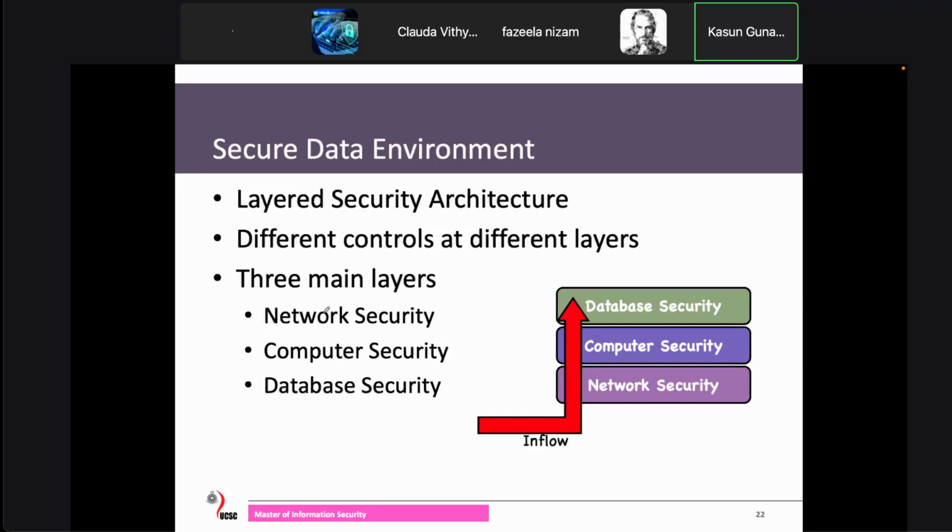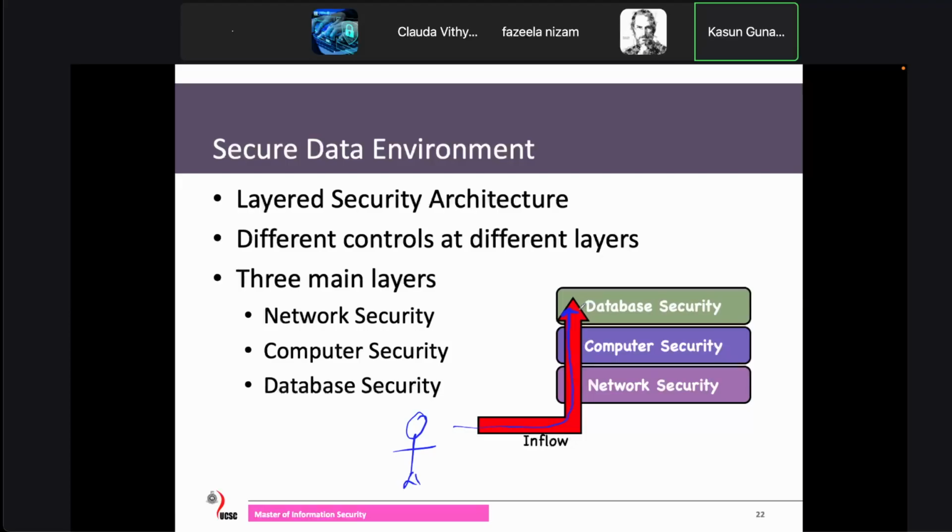layer. So if someone is going to access data, which means that the access requirement or the access request will go through this channel. So infiltrating these three layers, network, computer, and database security layers.